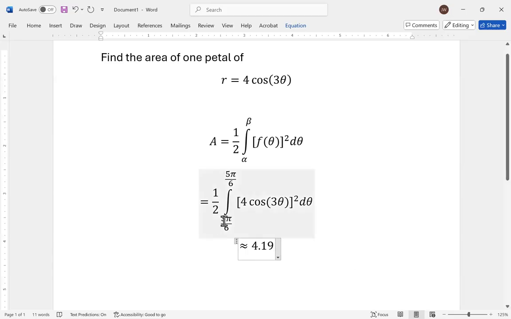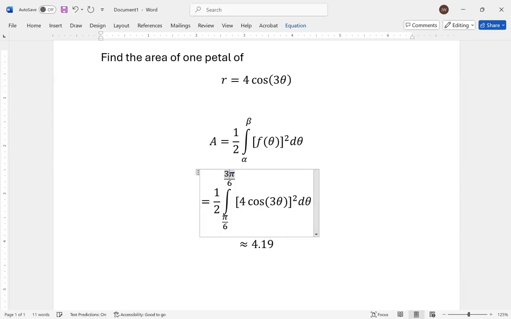Now I used 3 pi over 6 to 5 pi over 6. If somebody else goes from pi over 6 to 3 pi over 6, they should get the exact same value. And if somebody else went from negative pi over 6 to a positive pi over 6, they should also get the exact same value.